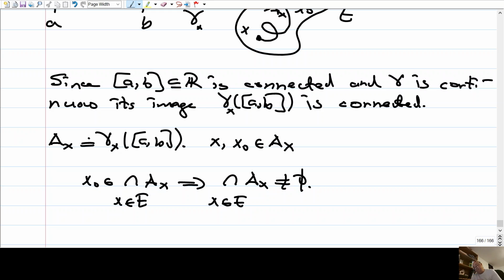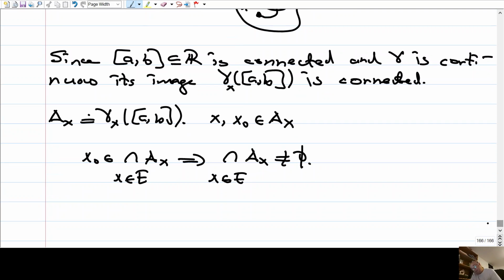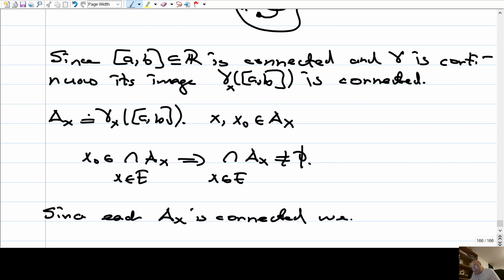But by the previous fact, since each ax is connected, and the intersection of all of them is non-empty, we have the following: their union is connected.